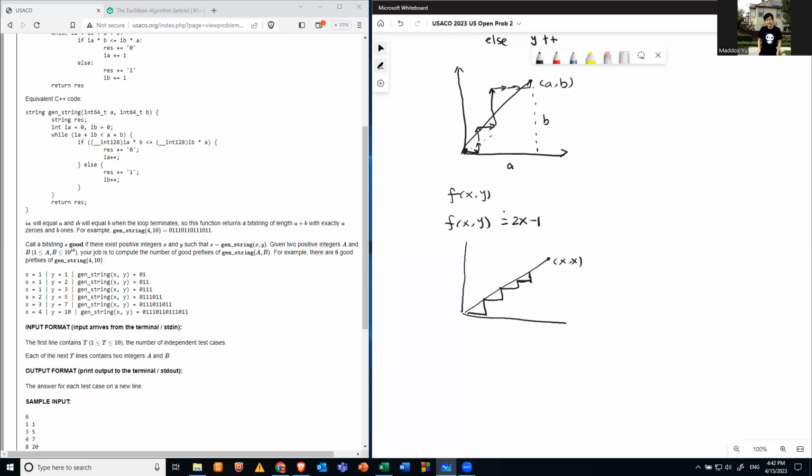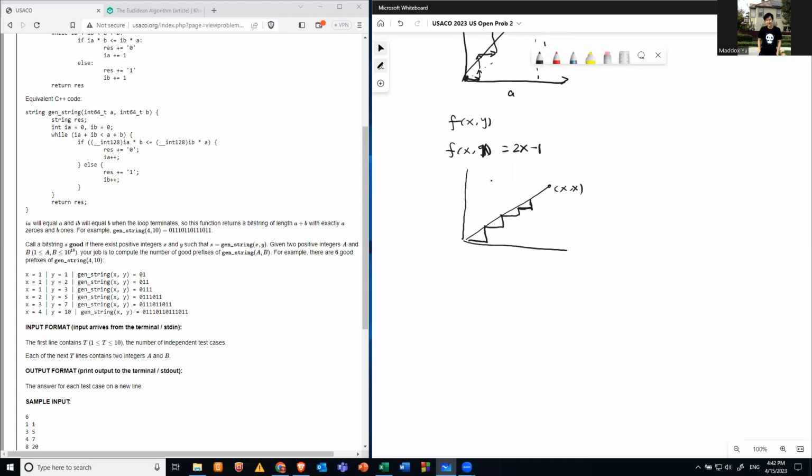So if x equals y, it's 2x minus 1. Now you can take a look at f(x, 2x).